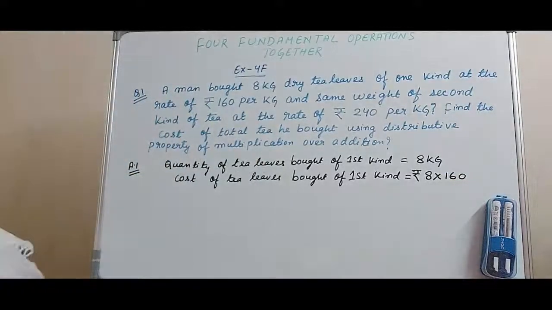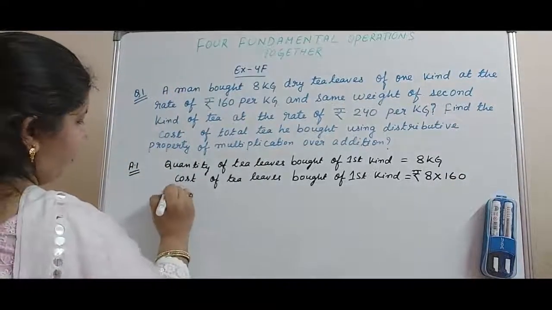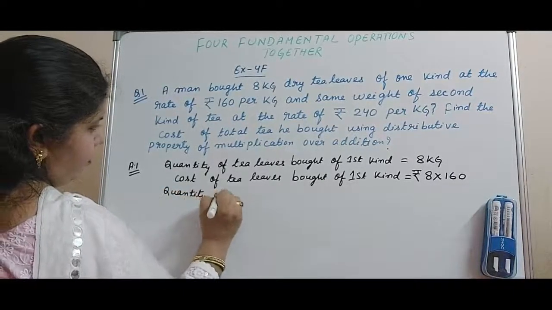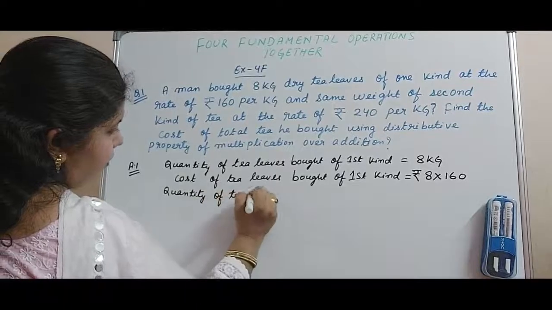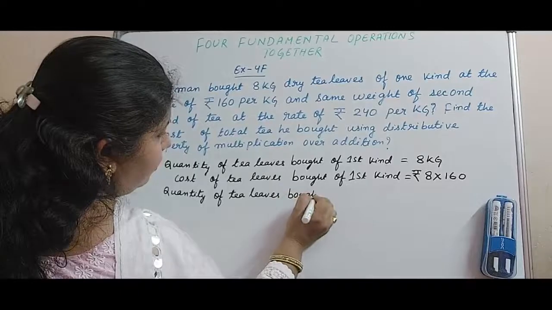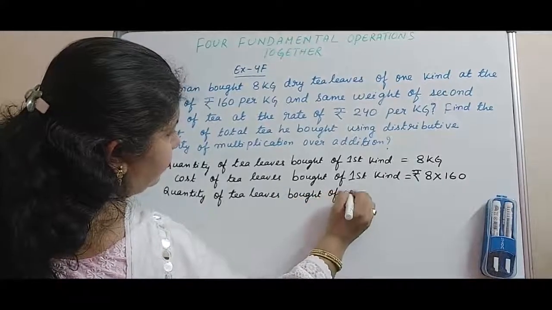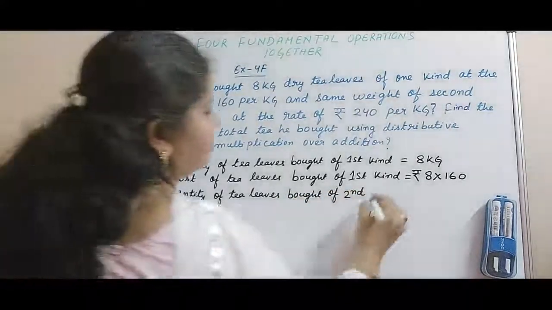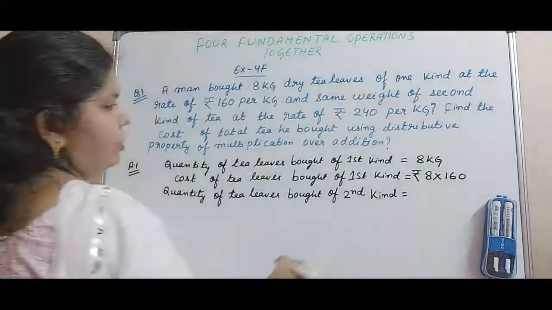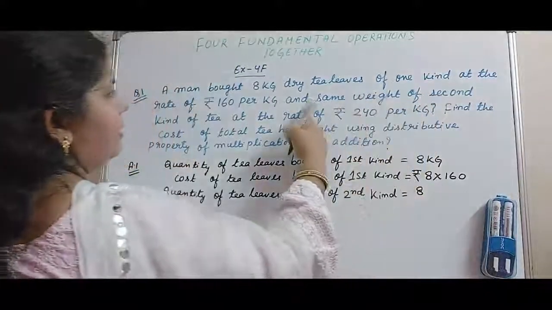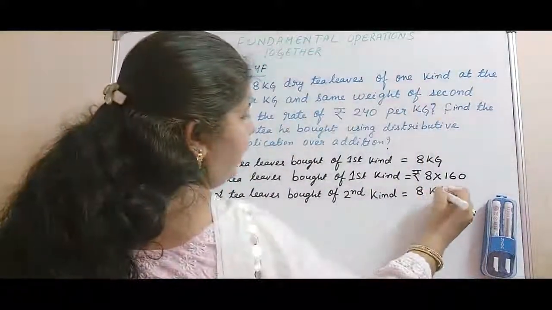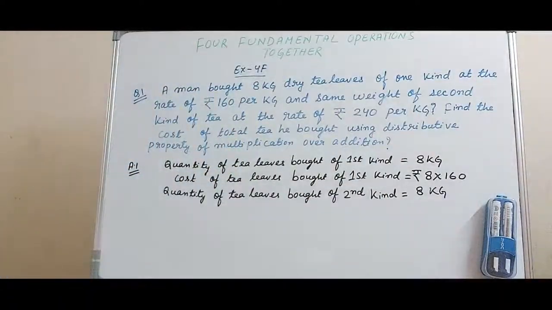Okay. Now let us move to the next sentence. Quantity of tea leaves bought of second kind is 8 kg, the same, because it is written here that the same weight of second kind of tea is bought, so only the same 8 kg we have to write.